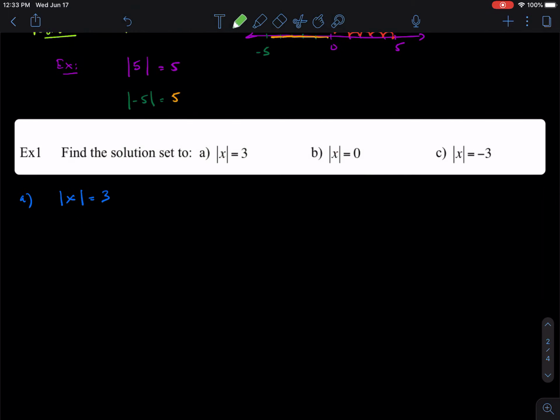So this question is asking, what value or values of x so that the distance from 0 to x is 3 units. That's the equation interpreted, just describing what the equation means.